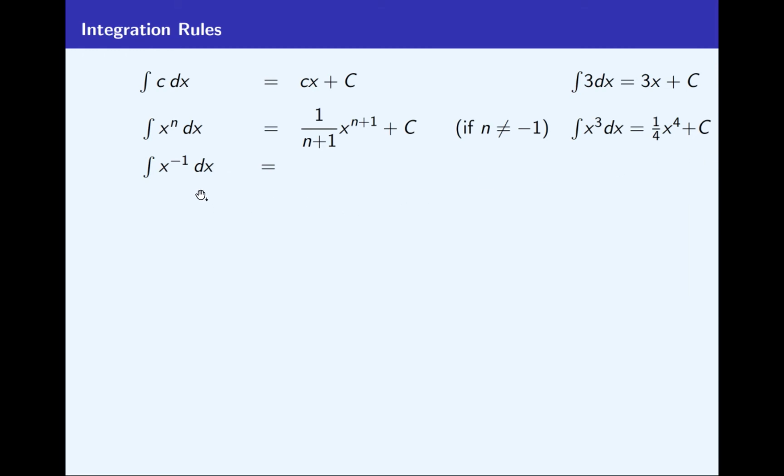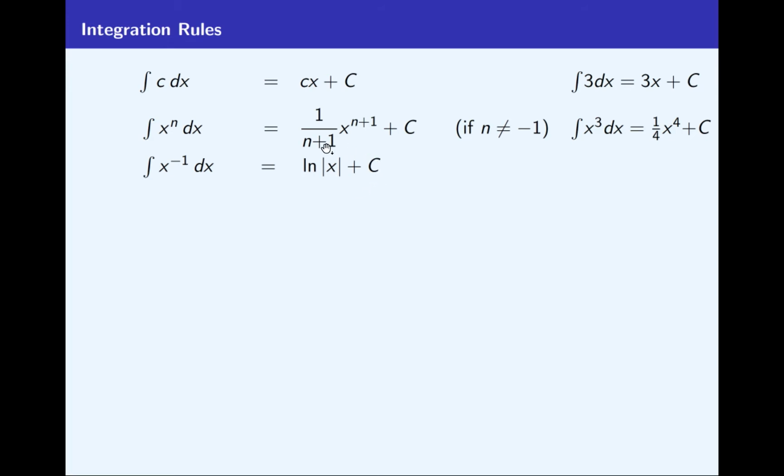Now, what would you do if n were -1? What is the integral of x to the power of -1 dx? Well, the answer would be a function plus c whose derivative is x to the power of -1, and you don't have to think too hard to find that function. It's ln of the absolute value of x plus c.